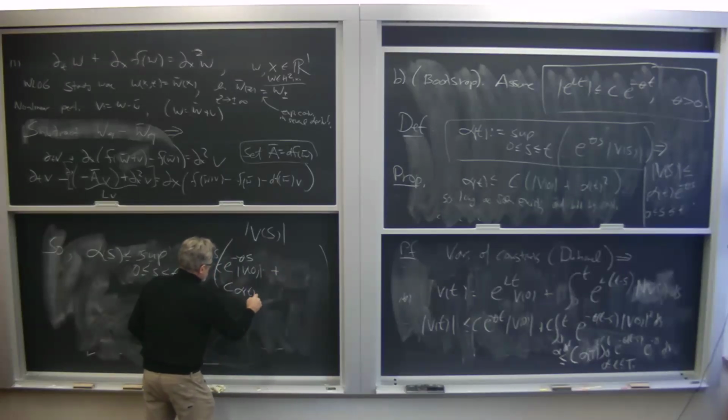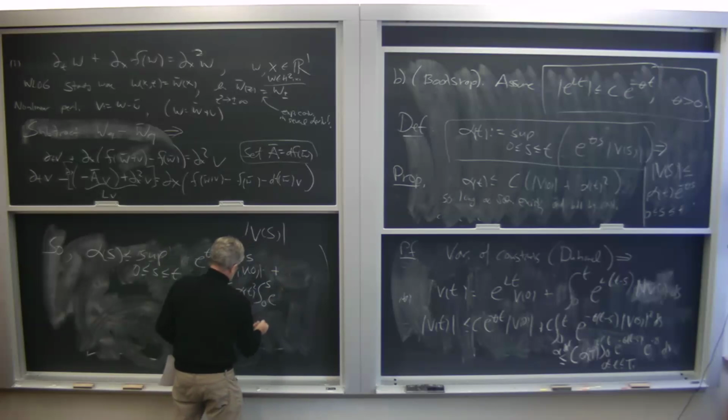C alpha of t squared, integral from 0 to S, e to the S minus tau, e to the minus theta S minus tau, e to the minus 2 tau, d tau.